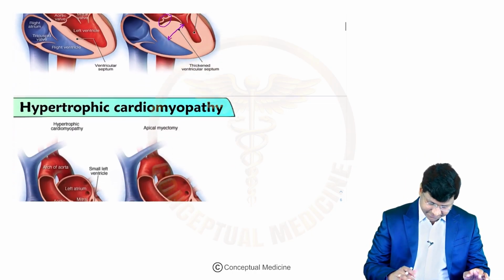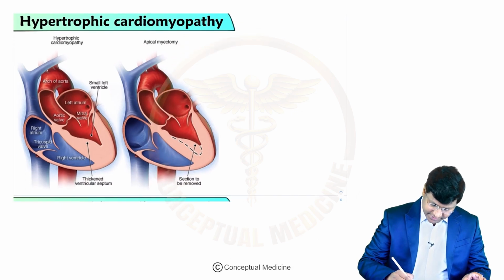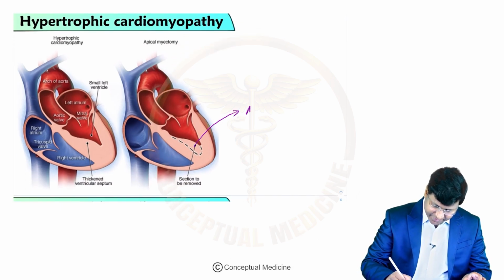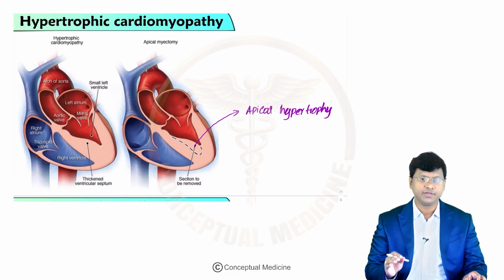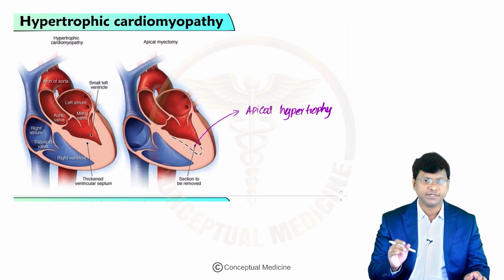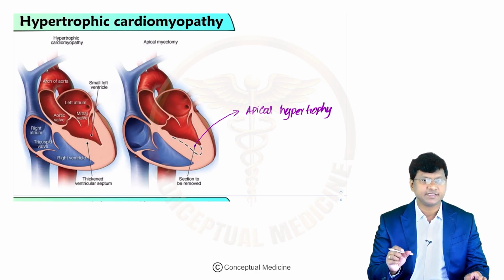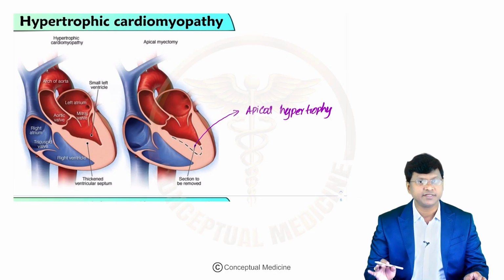For example, you see here, this is apical hypertrophy. In apical hypertrophy, wherever the hypertrophy might be, if that segment's increase in thickness is more than 1.5 centimeters, then we call it hypertrophic cardiomyopathy.